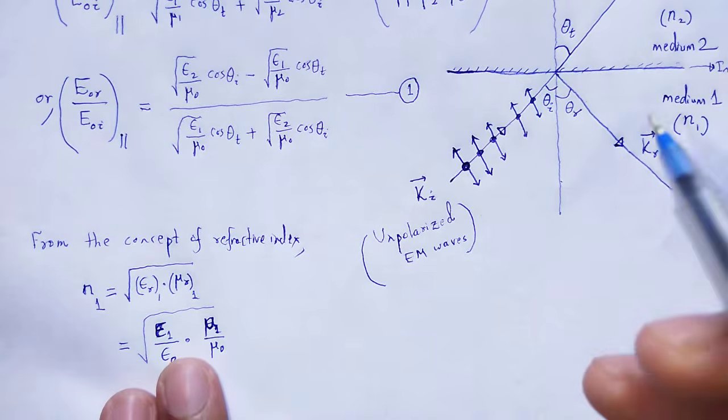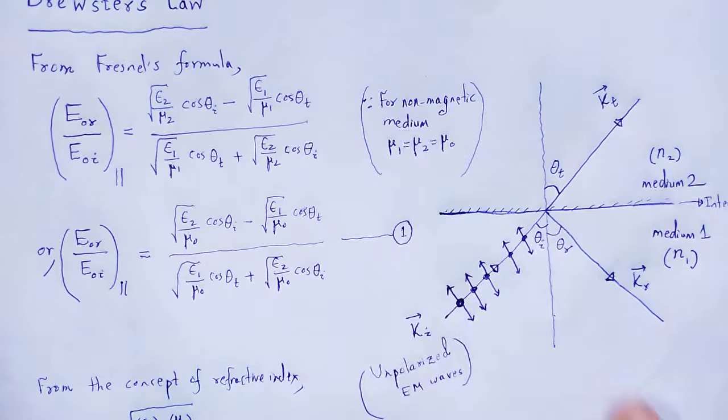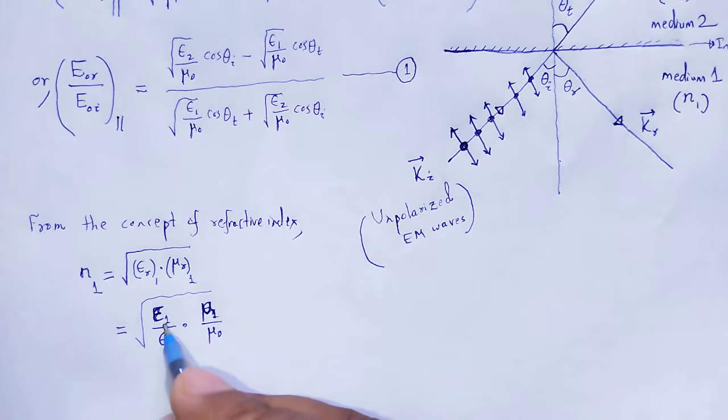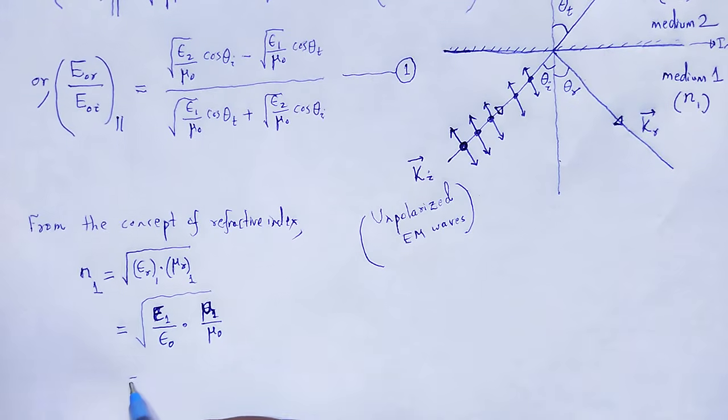As we say, under the condition for a non-magnetic medium, mu 1 is equal to mu naught.